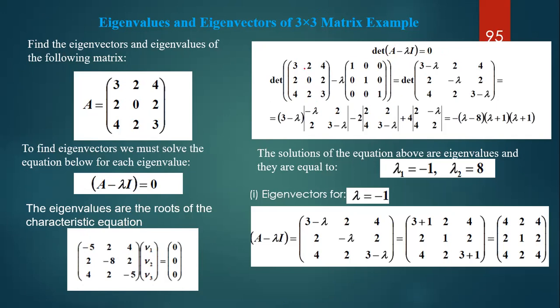So let's put this is A matrix, lambda times unit matrix, which implies 3 minus lambda. The diagonal entries will get lambda values, because here only diagonal entries are there.